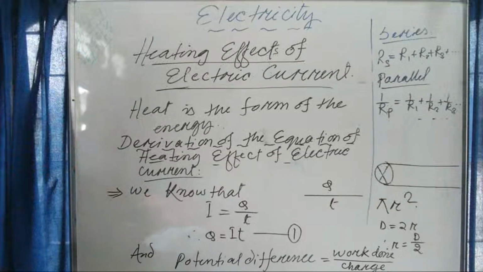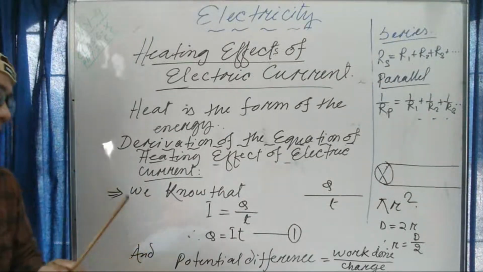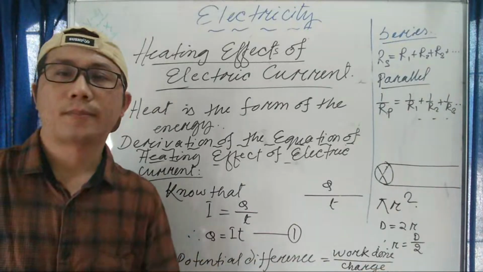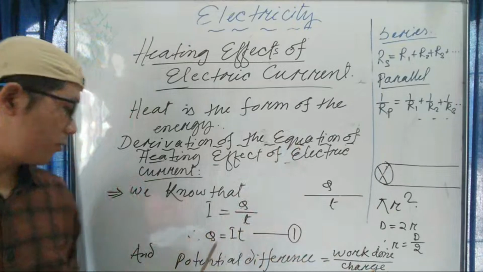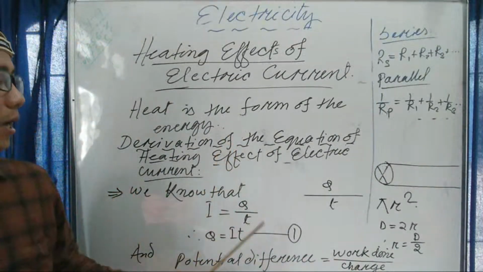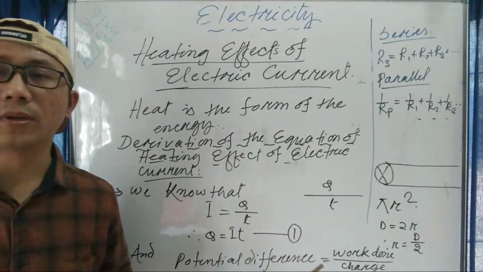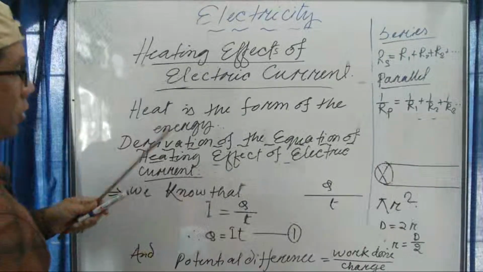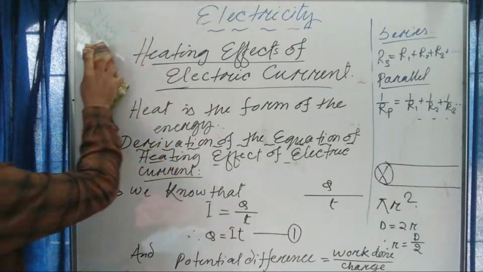So potential difference across the ends of the conductor is the amount of work done per unit charge. This is the equation of the potential difference, and from this equation, combining with equation number 1, we are going to develop that equation.